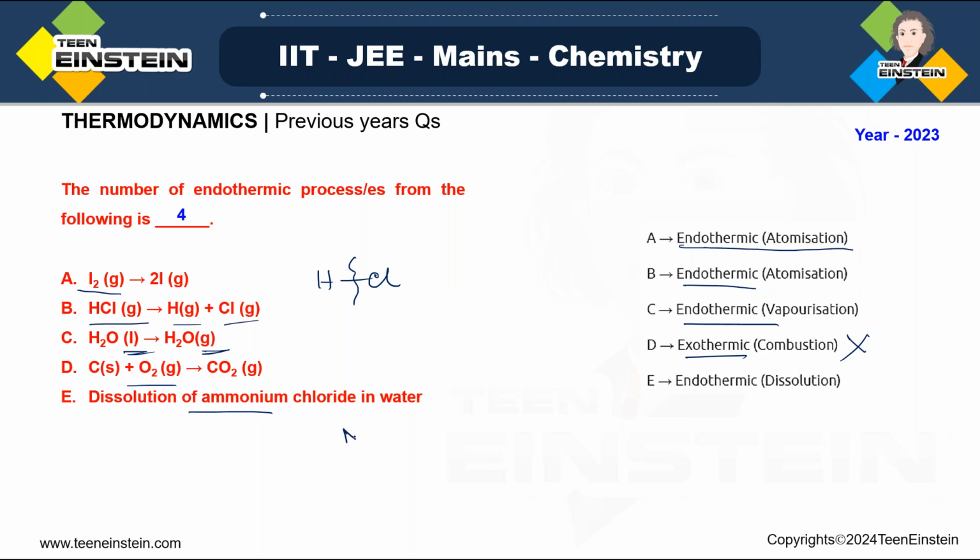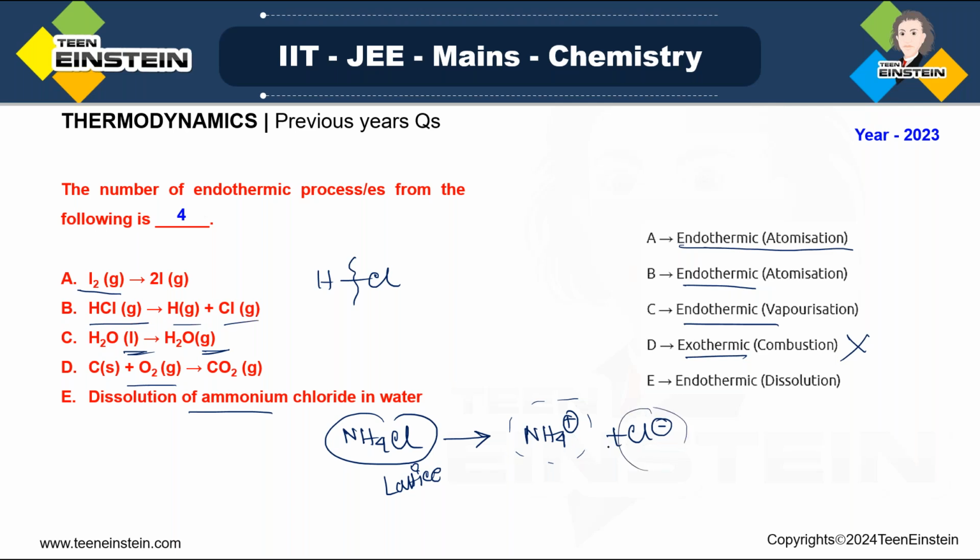Now the last one, ammonium chloride. You are treating it with water. When it is in water, there will be formation of NH4 plus and Cl minus. This is a dissolution process, and here you have to break the lattice. To break the lattice, it will require some energy. But it is also true that when NH4 plus is surrounded by water molecules, it will be solvated, gaining some stabilization.